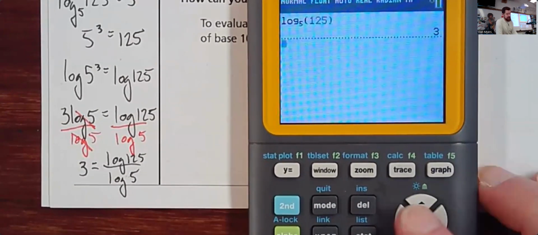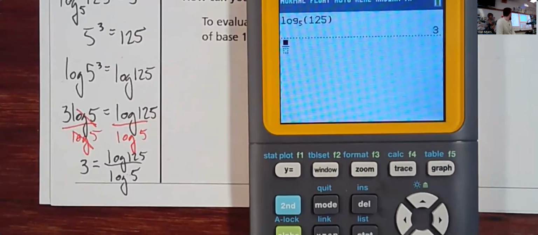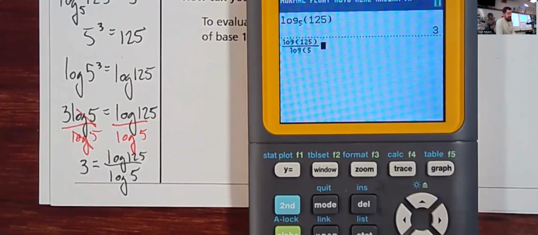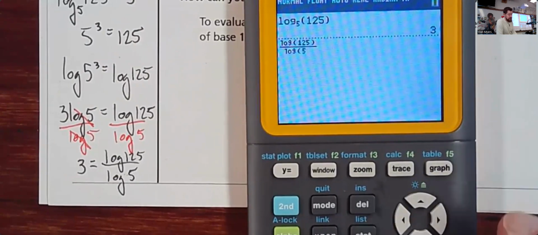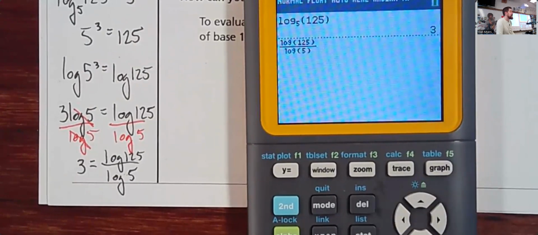So open up a fraction, go to math, scroll over to fraction, type in just log, not log base this time, just log of 125 over log of 5. What do you get? 3, same thing.